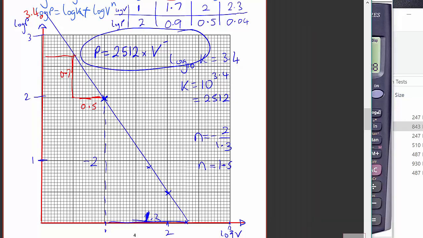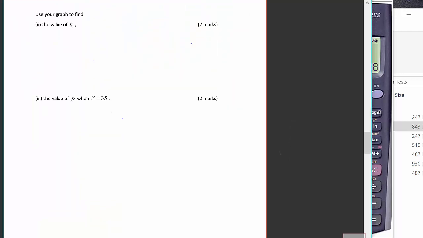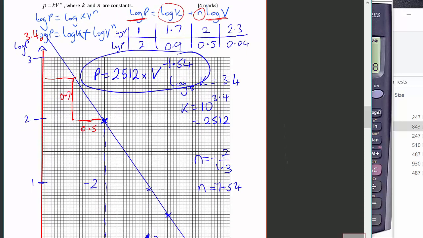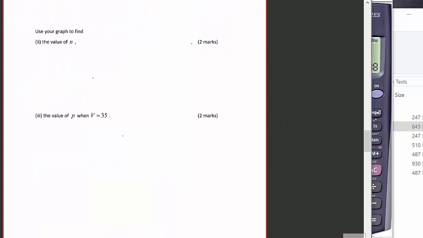So 1.54, negative obviously, and then so that's negative 1.54 up there. Okay, that's all good. Don't think I made any other mistakes, so that's great. It's always a good idea to check your working all the way in case you make those sorts of mistakes. So the value of n we found was negative 1.54.